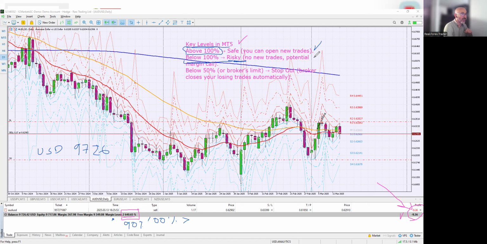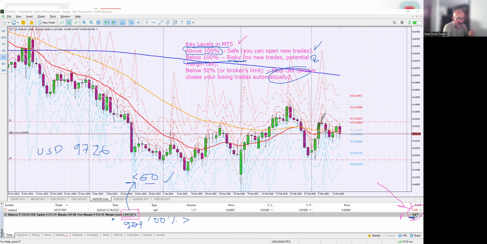So this is risky. But definitively, if your margin level is 50% or below, that is the broker's limit and it is going to stop you out eventually if you reach that 50% in your trade.